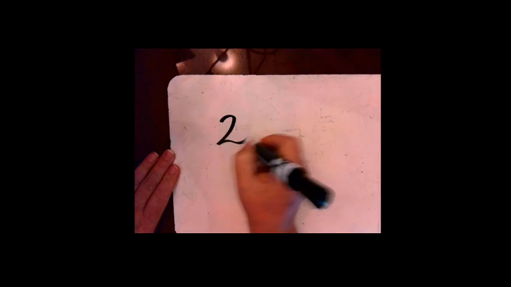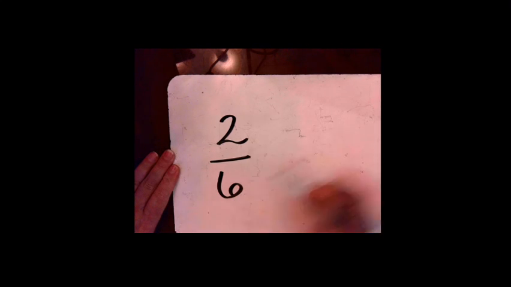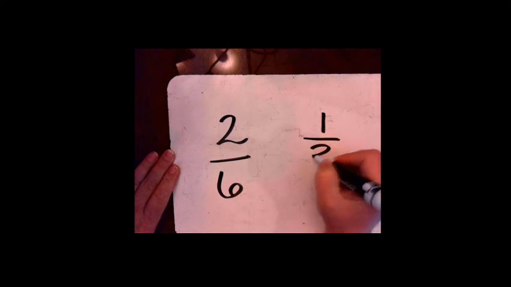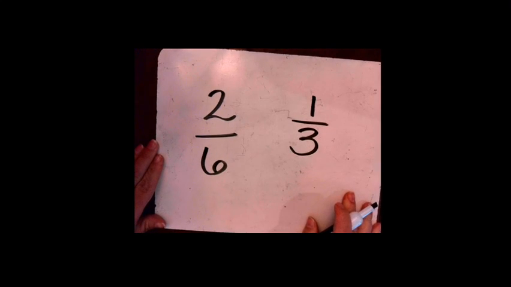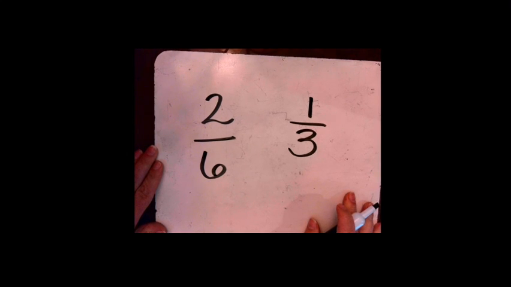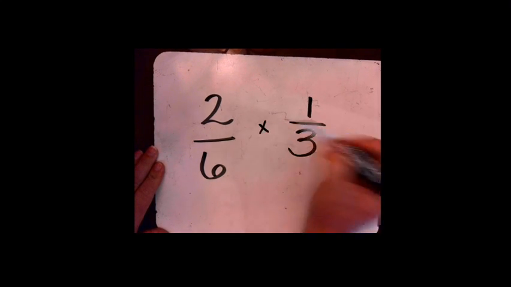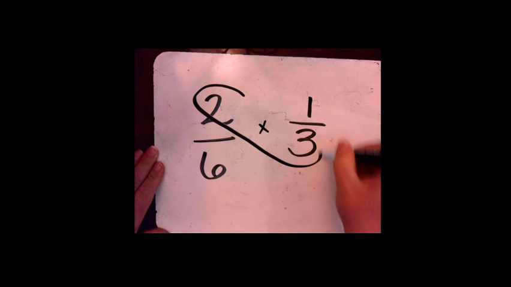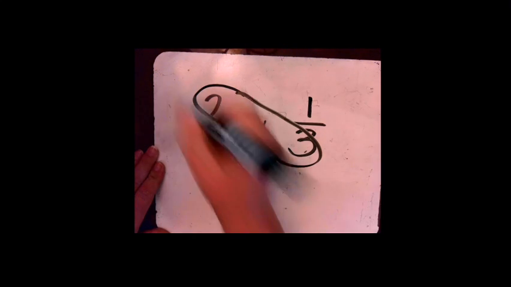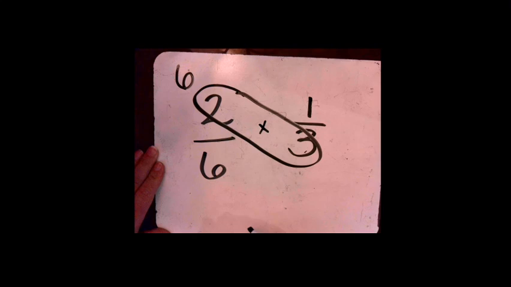Let's see. Okay, give you some time to write that in. Okay, and let's start our cross multiply. We've got 2 and 3. 2 times 3 equals 6.